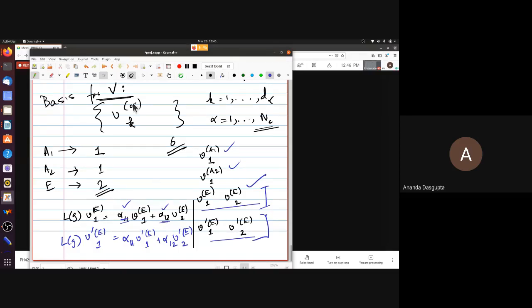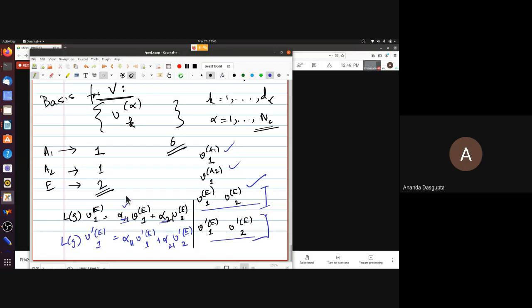Actually, I shouldn't have called it alpha 1 2, because as you all know, the basis vectors transform like this, right? That's how you define the matrix elements. Is that okay?